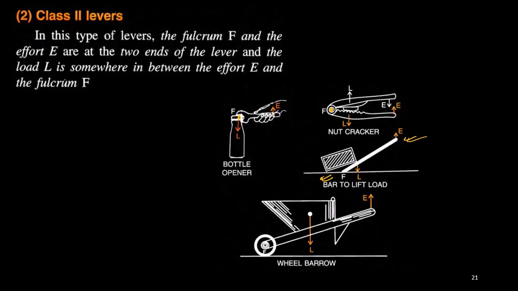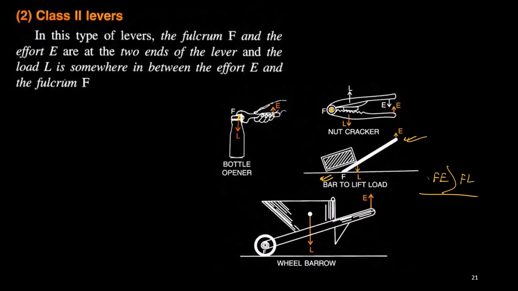So in this class 2 lever, the effort arm is always more than the load arm. It is always true that the effort arm, that means the FE number, is always greater than the FL number. So the load end is on the shorter side compared to the effort end.